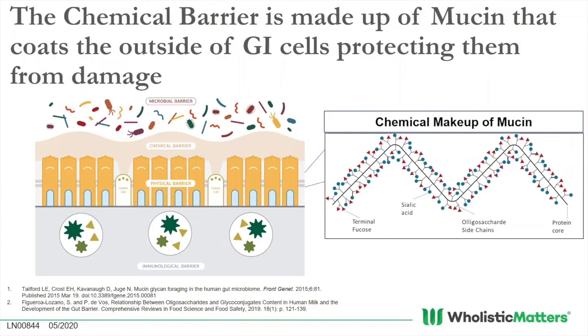This is made up primarily of that mucin compound produced by the goblet cells with this protein core and oligosaccharide side chains with terminal sugars that are fucose and sialic acid that are really important binding sites for a lot of these microbes that latch on the GI. So it's important to remember that this chemical barrier serves a function for helping to protect that GI in times of stress, specifically.